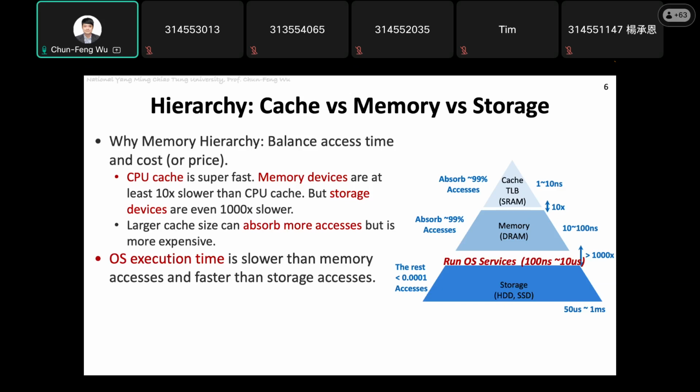Usually in current Linux, when you run any OS service, it takes between 100 nanoseconds and 10 microseconds. What is the feeling of 100 nanoseconds? When you buy a 3 gigahertz or 5 gigahertz CPU, your CPU can finish one instruction in about 0.3 to 0.2 nanoseconds.